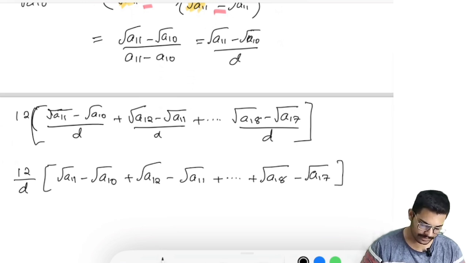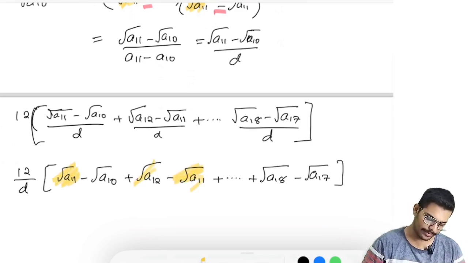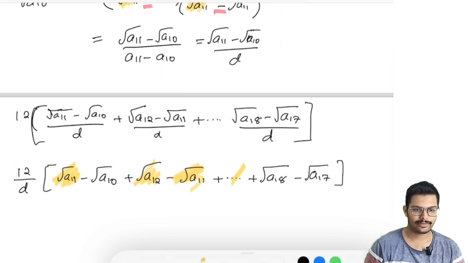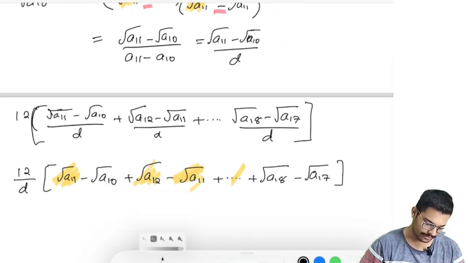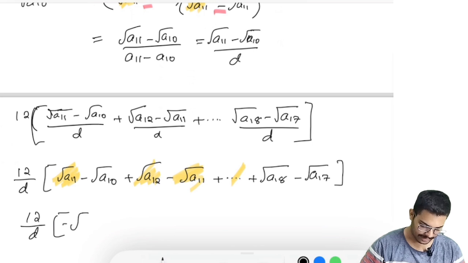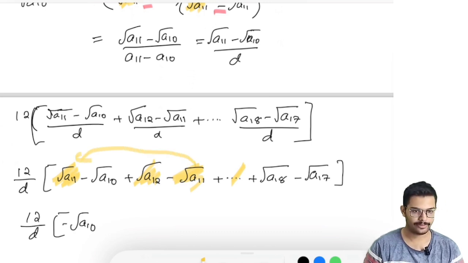Now, see, the first positive term cancels with the second negative term. Similarly, this will be cancelled with the next term. Therefore, minus root a10 will be there. Similarly, this negative term cancels with the previous group of terms, two terms.